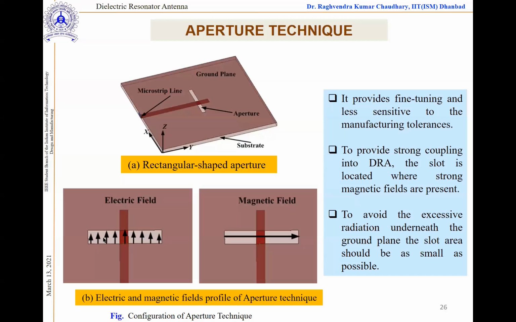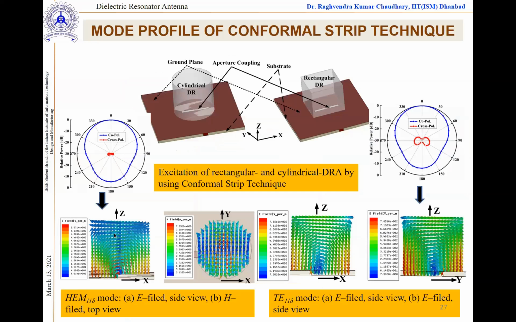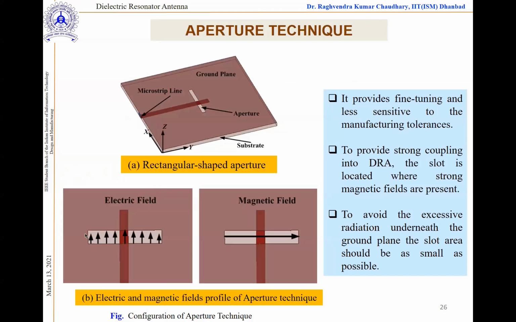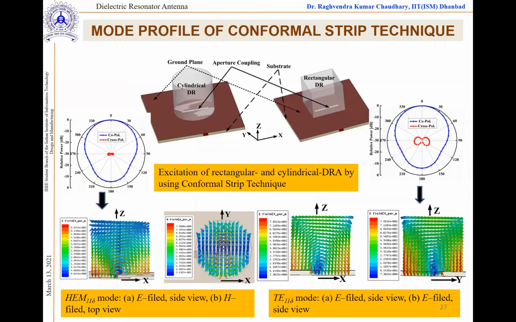When the fields try to come out, if you put the DR over this, it will precisely excite a particular mode, because you are not giving room for the electric field to create fringing fields and other things. That is why the cross polar component here is very, very small.